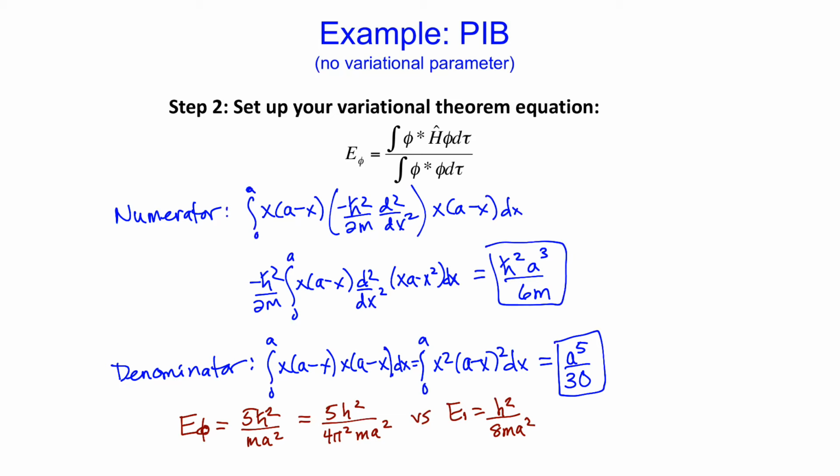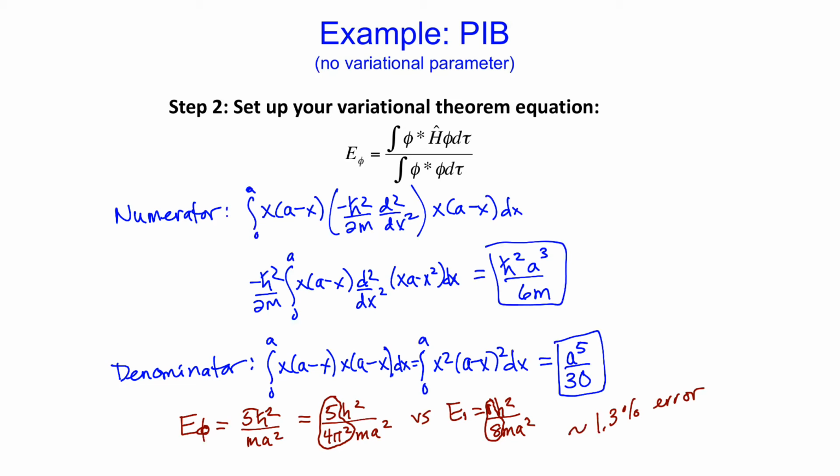So what we're comparing is basically just the coefficient out front. Compare 5 over 4 pi squared to 1/8, and you should see that you get a percent error of about 1.3% for this variational calculation.